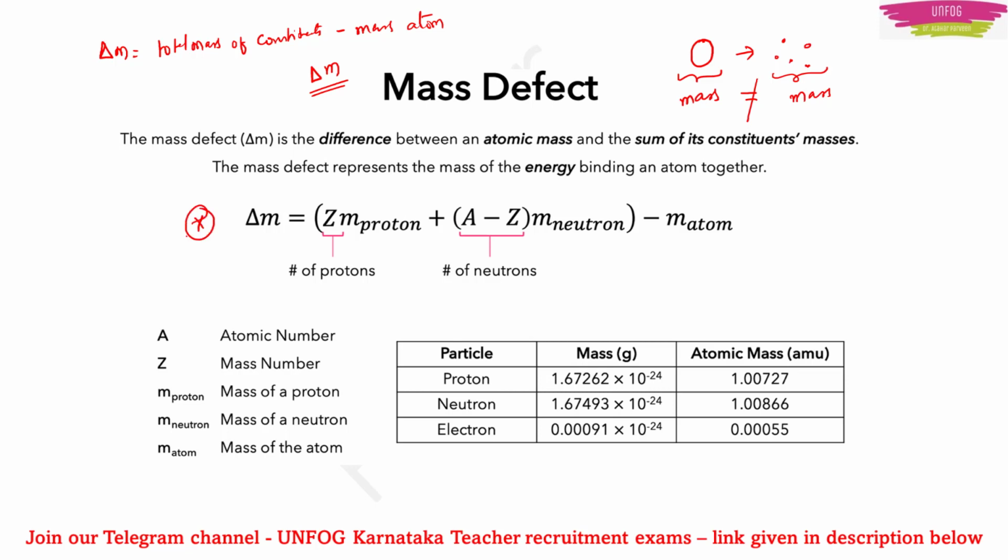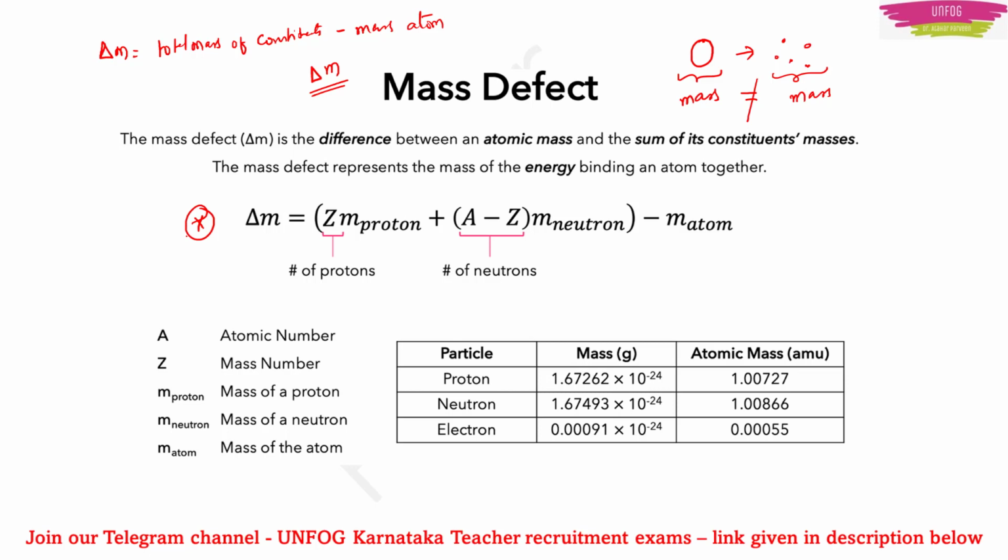What is there? Number of protons into mass of proton, and number of neutrons into mass of neutron. That only is there in a nucleus, right? So if you are adding all that and then subtracting the mass of the atom, then you will find some change in mass. Okay, that is your mass defect.